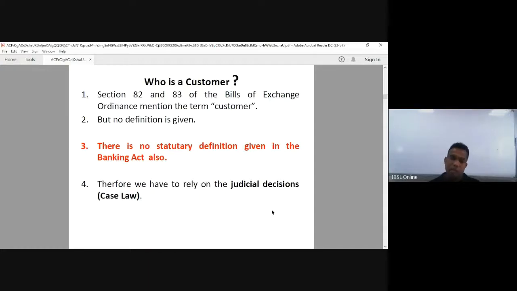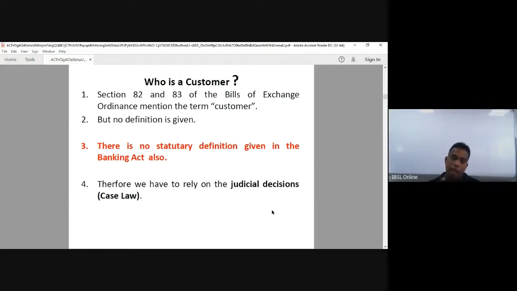There is no definition given in the Bills of Exchange Ordinance. At least we had a very broad definition for the bank, but when it comes to the customer, there's no definition at all. That is the 1927 Ordinance. We'll see what the situation is today.